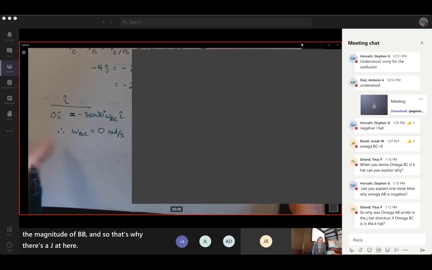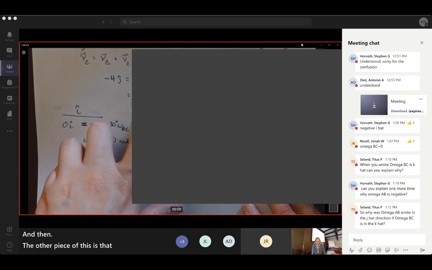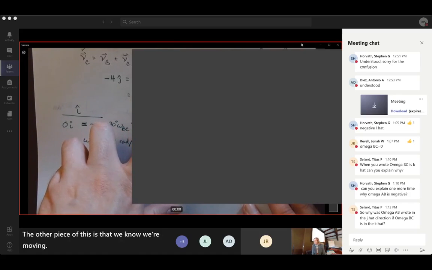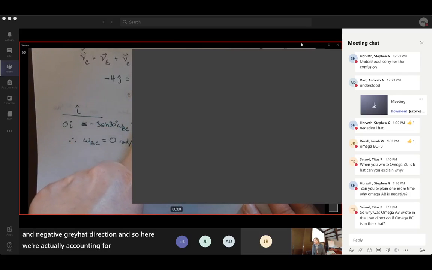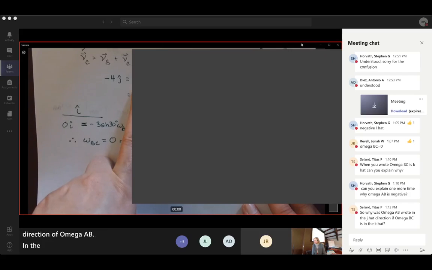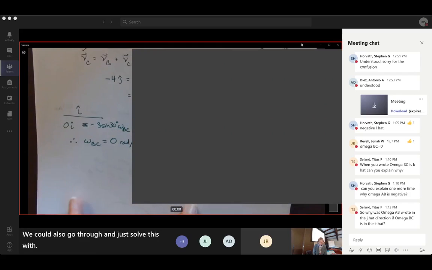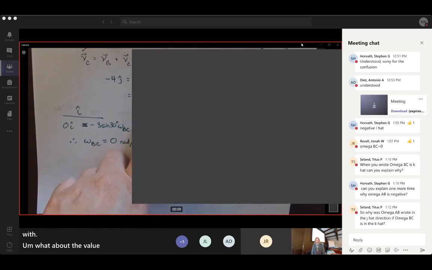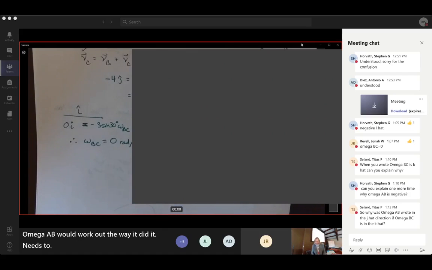Okay, and then the other piece of this is that we know we have to have VB move in a negative j-hat direction. And so here we're actually accounting for the direction of omega AB in the problem. So we could also go through and just solve this with a positive value, and then omega AB would work out the way that it needs to in terms of sign conventions.